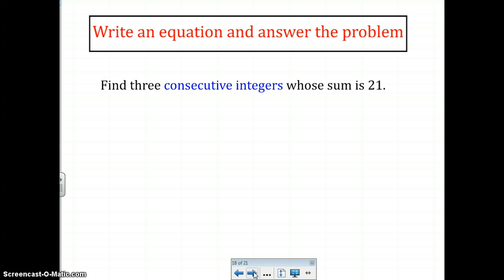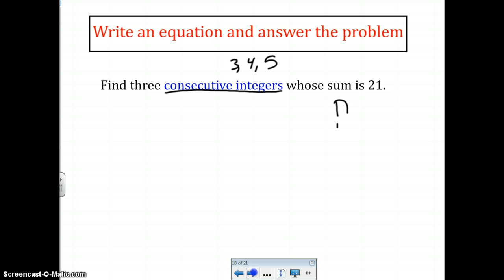This one's a little bit similar, except I have just consecutive integers. In this case, I have n being my first integer. The next one, because they're consecutive, could be 3, 4, 5. Those aren't my answers.